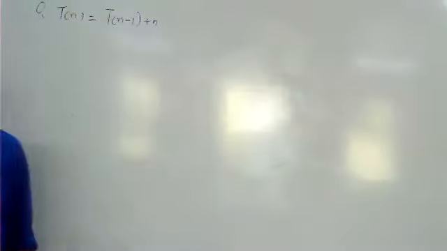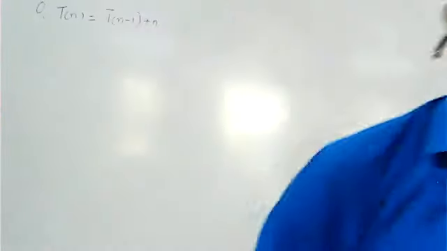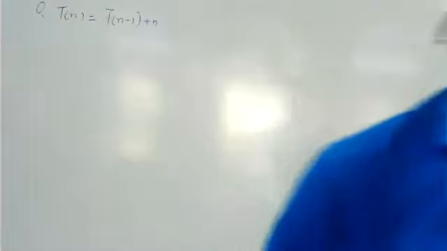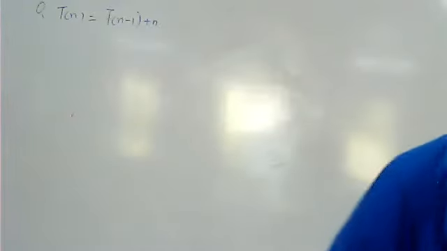See what is the procedure here? We'll do for k iterations. We'll find the first substitution, the second substitution, the third substitution. In this way, we'll get a pattern, and using this pattern, we'll make a kth iteration. Once we have done the kth iteration, your question is solved. So see here carefully.